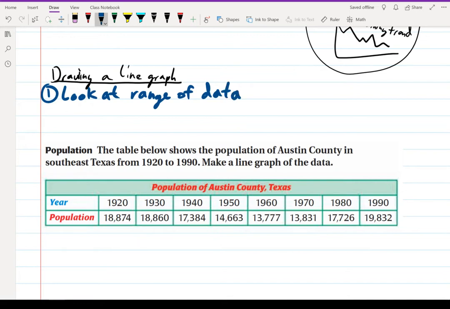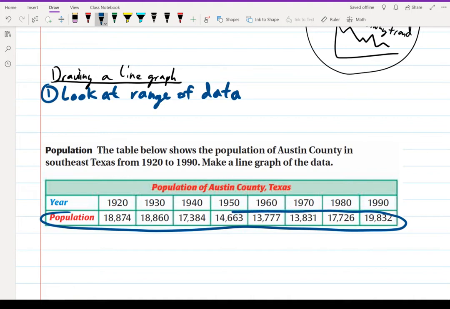And what do I mean by data? Oh, I should have used red for this one. This is the data. This is the data. Okay? That is your numbers, the thing that we want to see how it's changing, right? That's the population, that's our data. We look at the range of data, and then we also look at the smallest value. I think that's 13,777. That one's the smallest one.